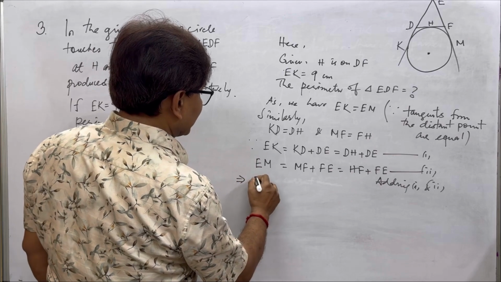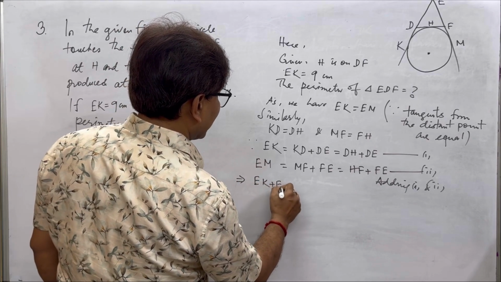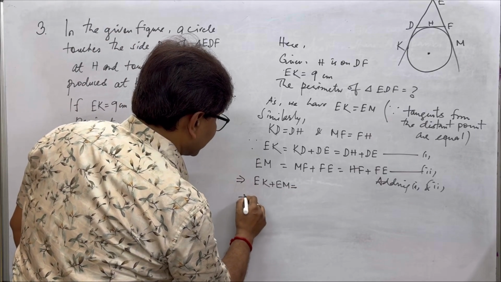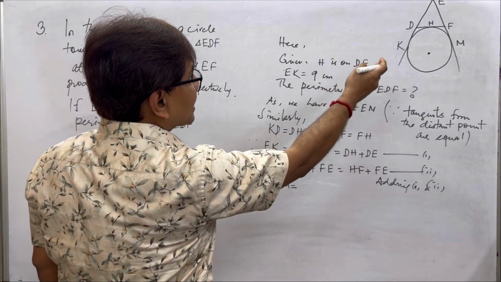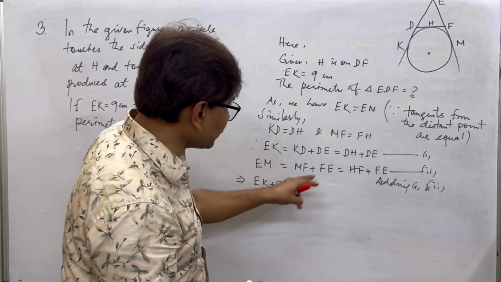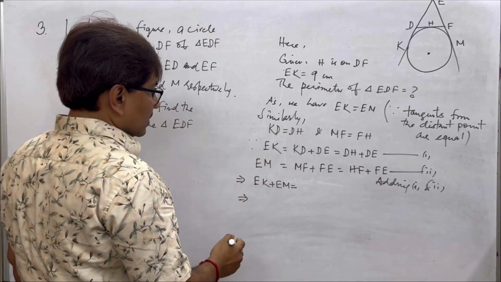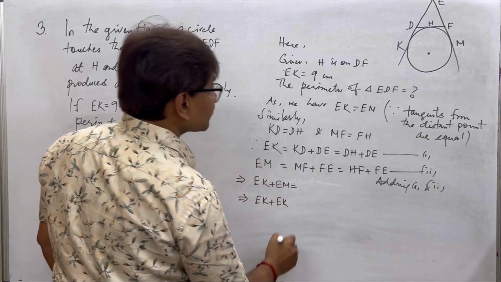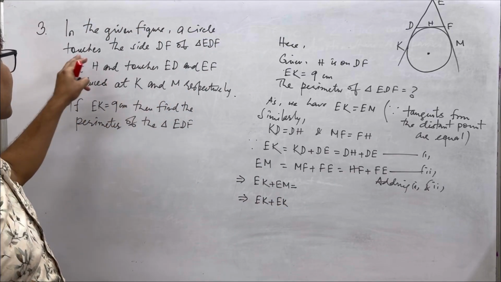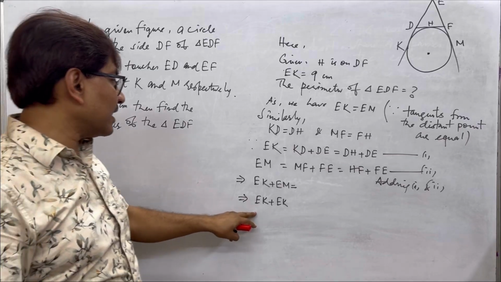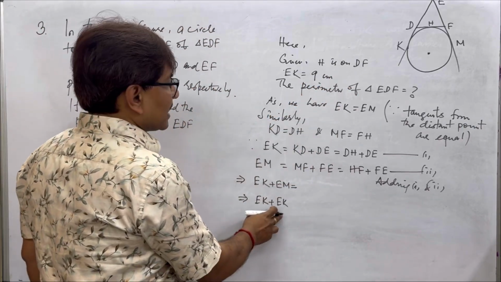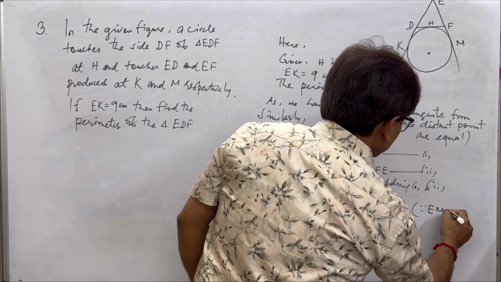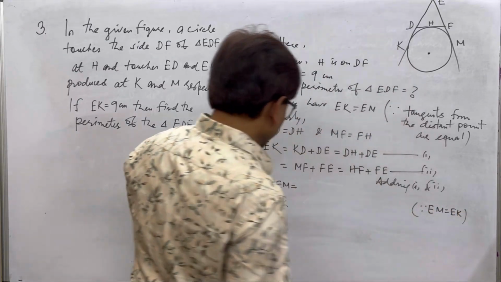EK plus EM equals EK plus EK, because EM equals EK.